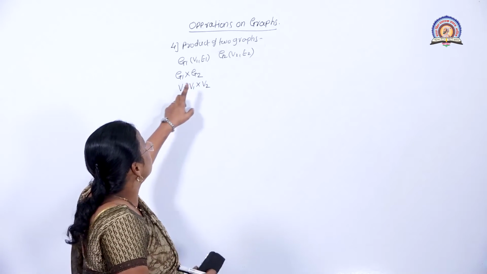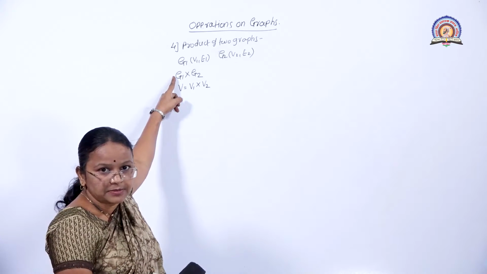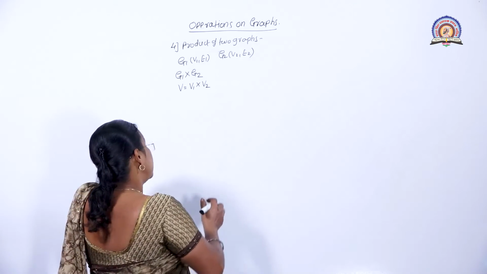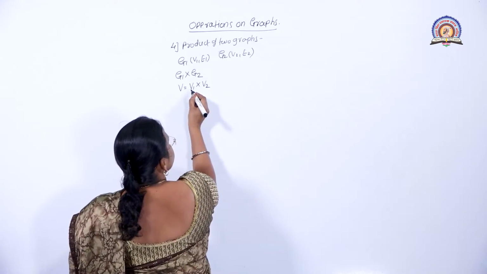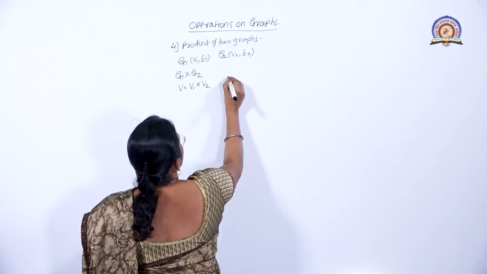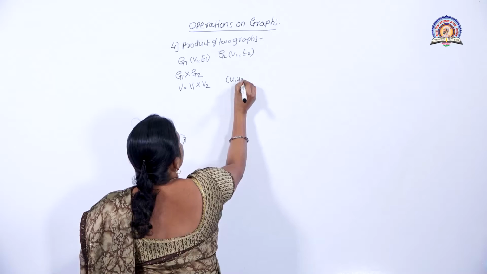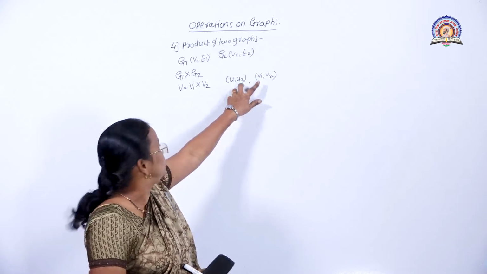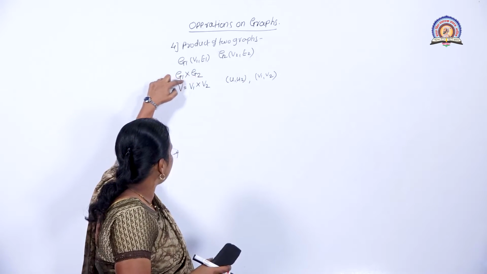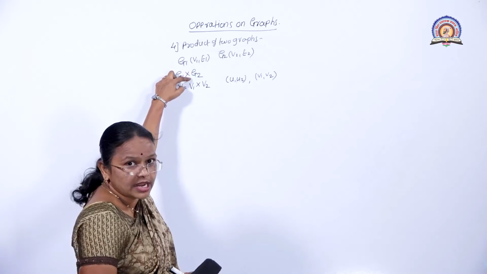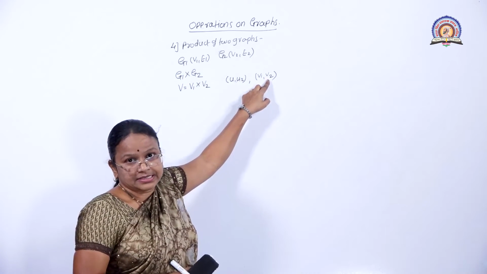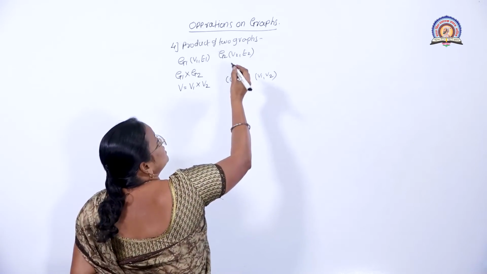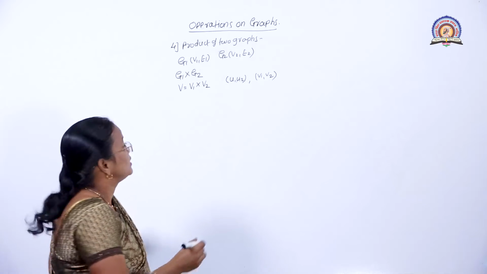Okay, means here the vertices of this product of two graphs is nothing but the set of ordered pairs. Okay, and edge set means here vertices of the G1 and G2 are of this type (U1, U2), (V1, V2). Okay, these are the ordered pairs. And now how the edges are formed here?